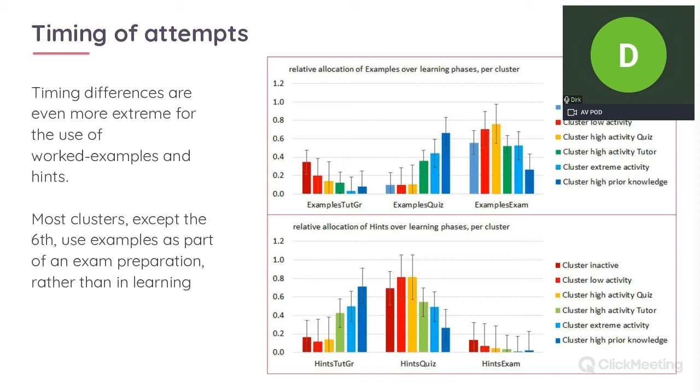And you can see over here that in terms of the examples, students use examples in a different way. There's a group of students, especially this group of students with the proper learning approach, who are using the examples as a preparation for the quiz sessions, whereas other students use examples much more as a preparation for exam sessions.